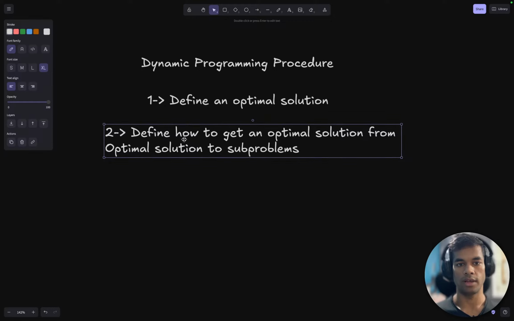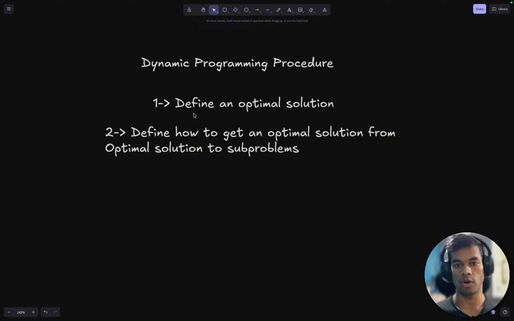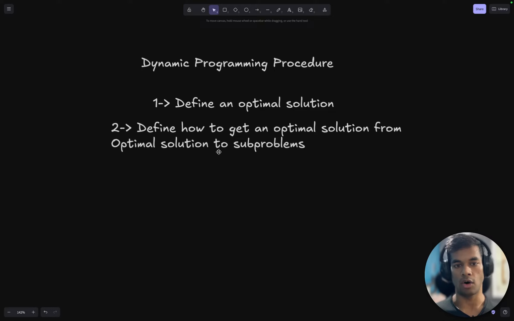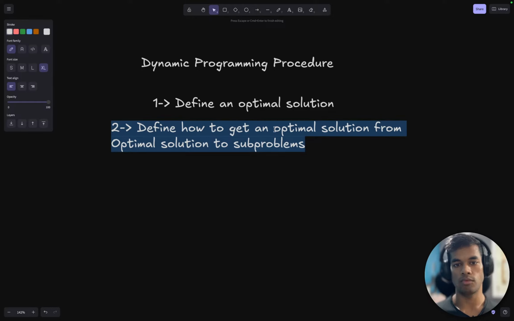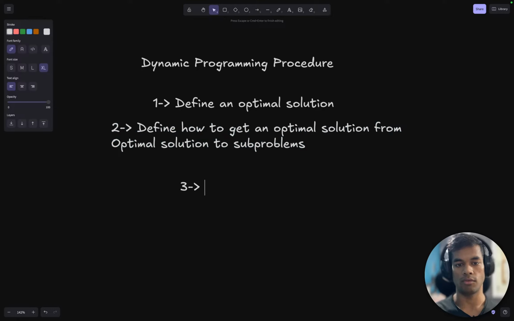If you can define what the optimal solution for the overall problem looks like, and also, if you have the optimal solutions for subproblems, how can you find the optimal solution to your own big problem given solutions to those subproblems? And third was to just find the optimal solution.